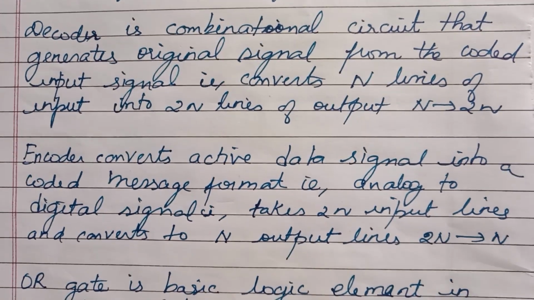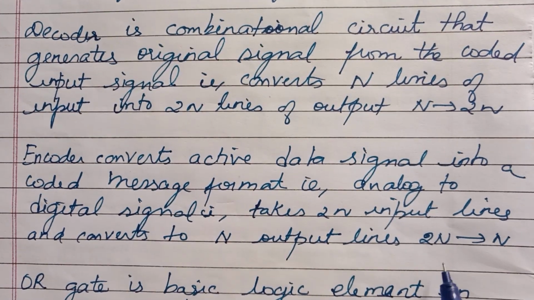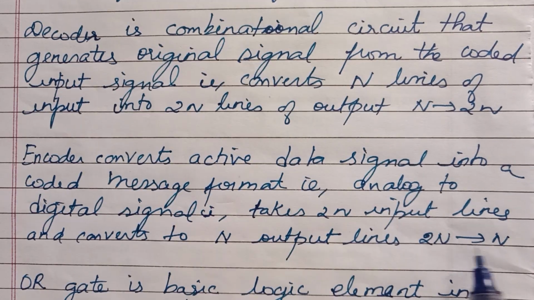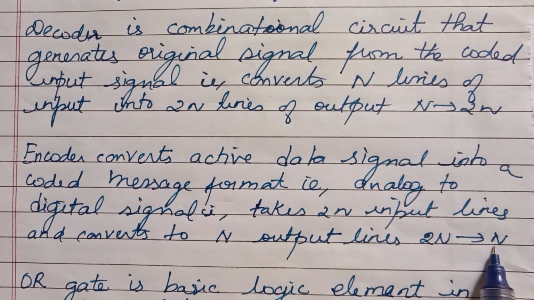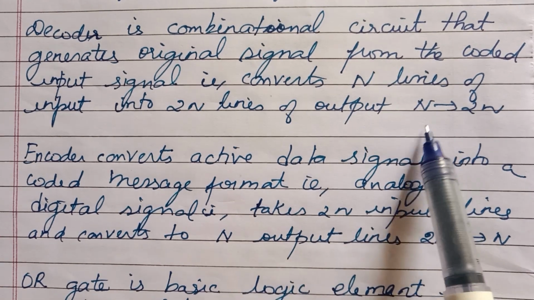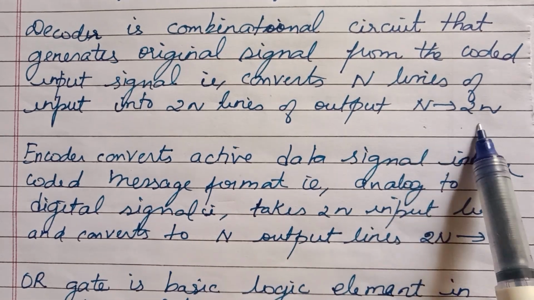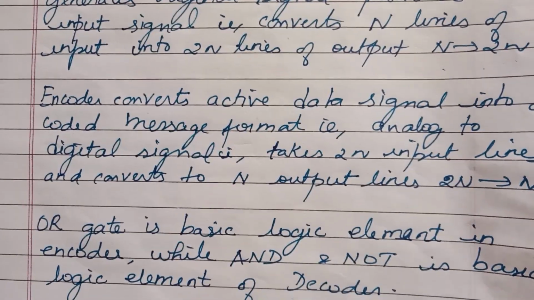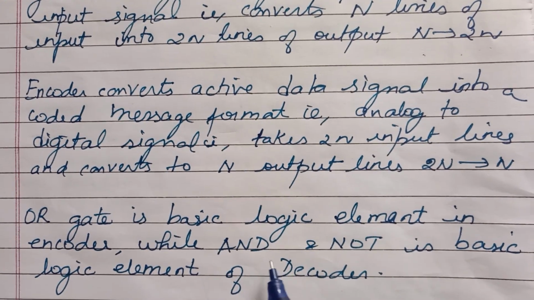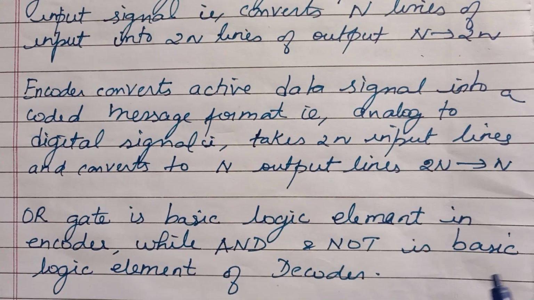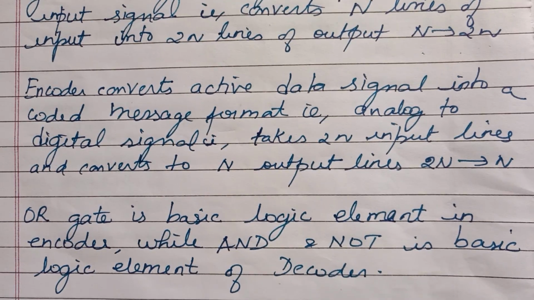So this is important, remember: in an encoder, from 2^n inputs it gives n outputs, and in a decoder, from n inputs it gives 2^n outputs. OR gate is a basic element in an encoder, while AND or NOT gate is a basic logic element of a decoder. This is also important.